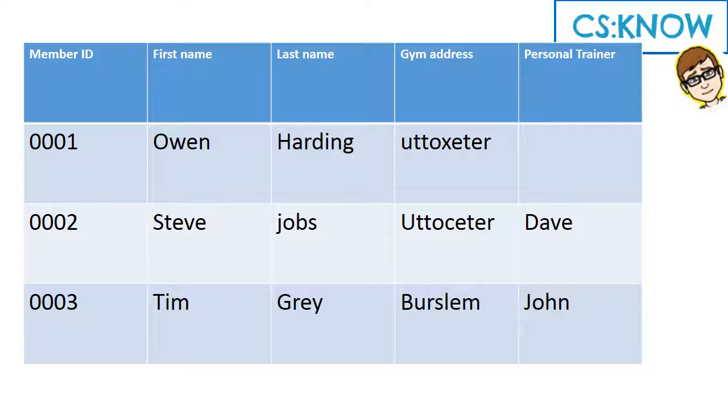Okay, we've got a primary key for a member ID, but what if the name of the gym changes, or the address changes, or my name changes? The data needs to be in different tables. So this is the problem of having it in a flat file database where all the information is stored in one table.